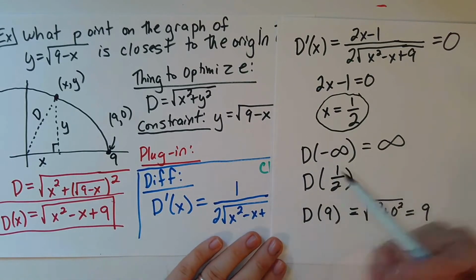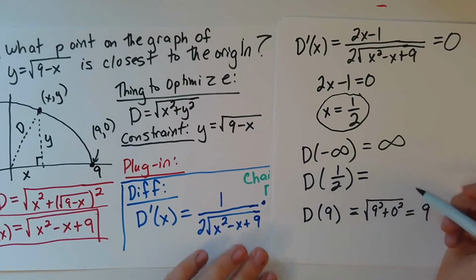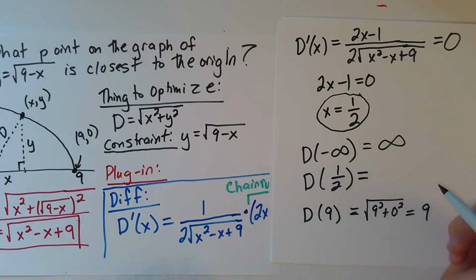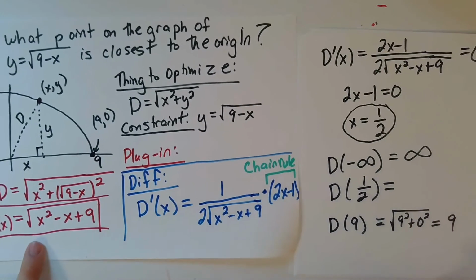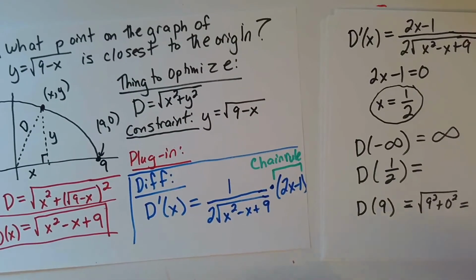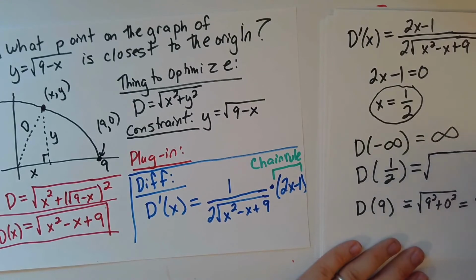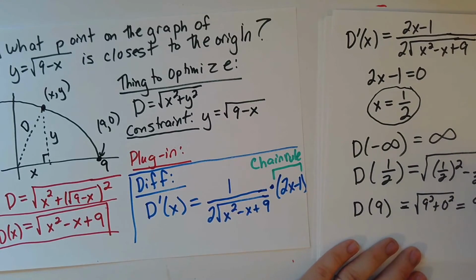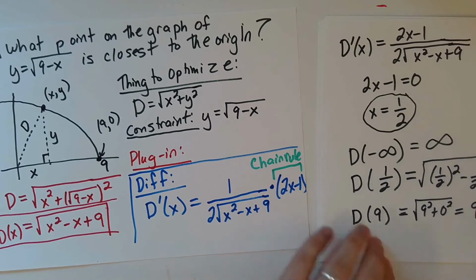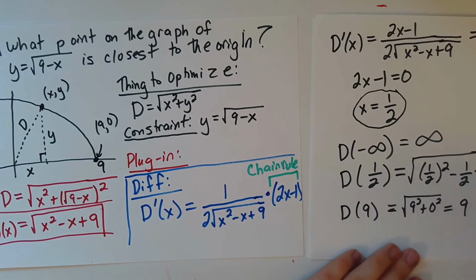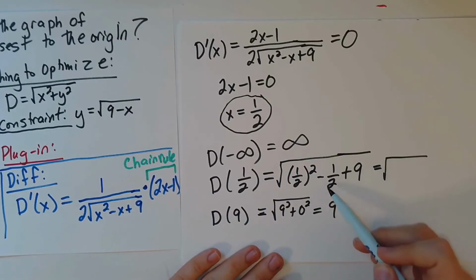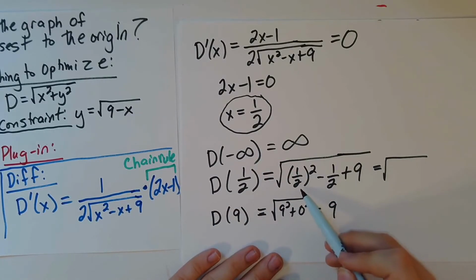What's that distance? Well, that is by our function, which is over here. By our function, this is the square root of 1/2 squared minus 1/2 plus 9, which is to say that this is the square root of 9 minus 1/2 would be 8.5, plus 1/4, which is 0.25.